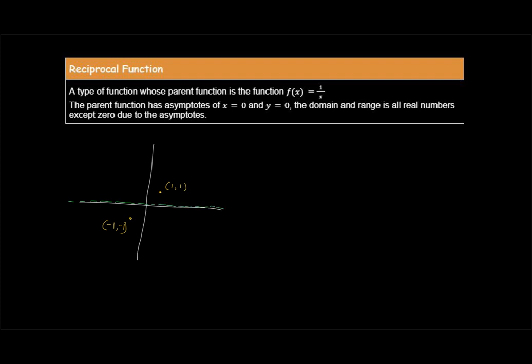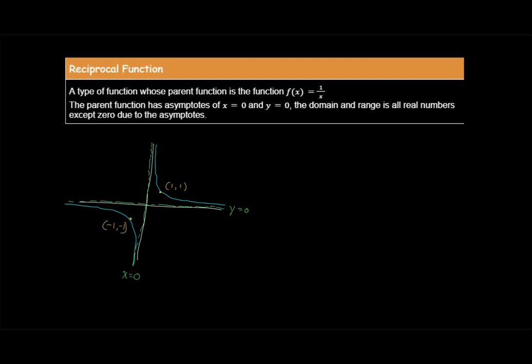We have the asymptote y equals 0, and we also have the asymptote x equals 0, which is the vertical asymptote. The shape of the graph hugs those two asymptotes and then curves through those points.